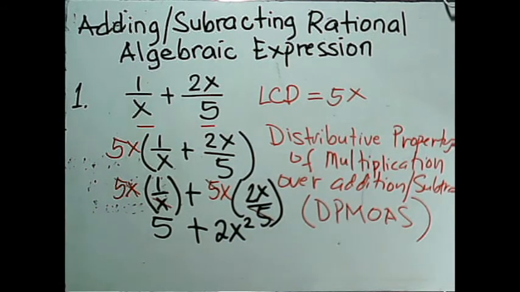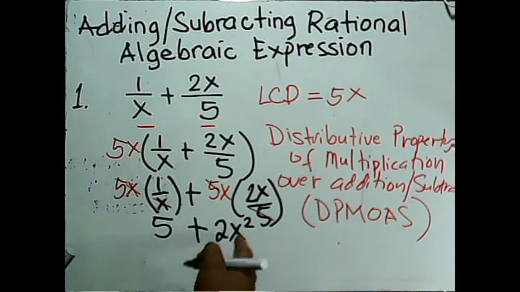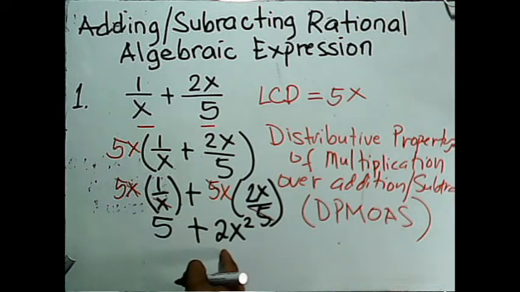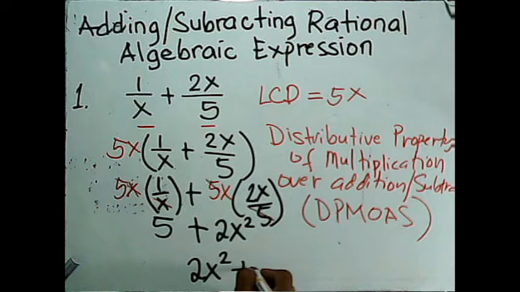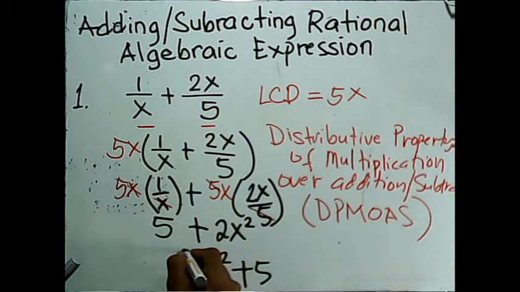So we will just arrange our answer in descending order, from the highest exponent to the constant. Our highest exponent is 2. So this will become 2x squared plus 5.